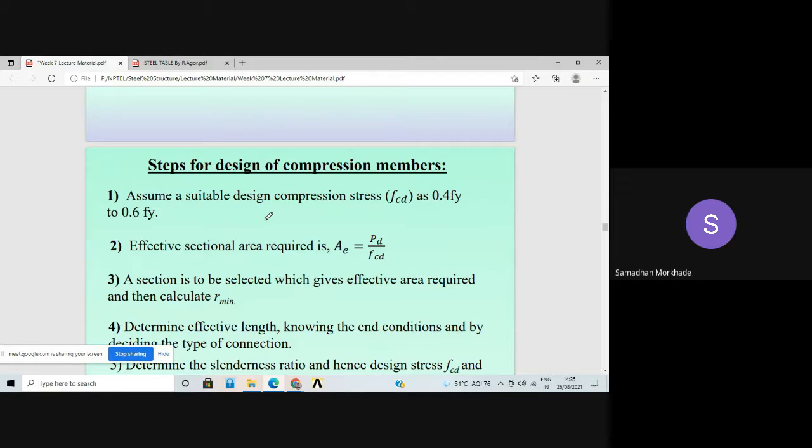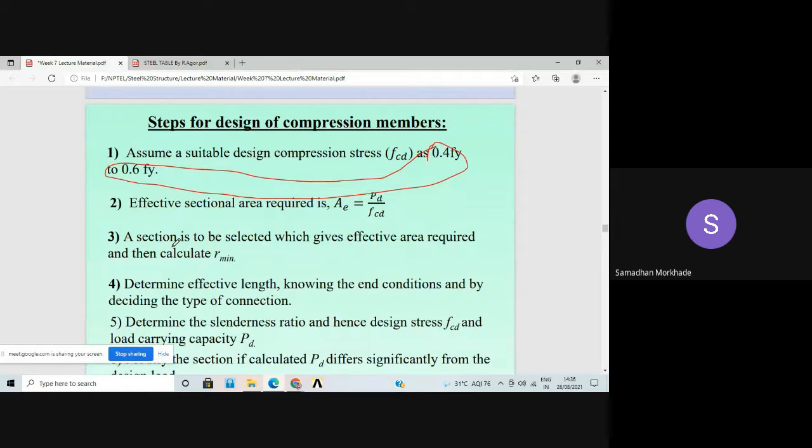So initially in this range we have to assume FCD, 0.4 FY or 0.6 FY. If you are taking the average, assume 0.5 FY. FY is 250 MPa. After assuming FCD, we have to calculate the effective sectional area required.